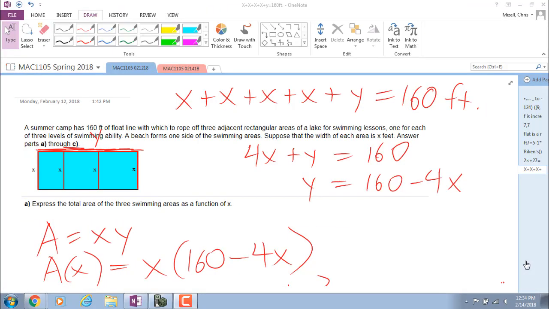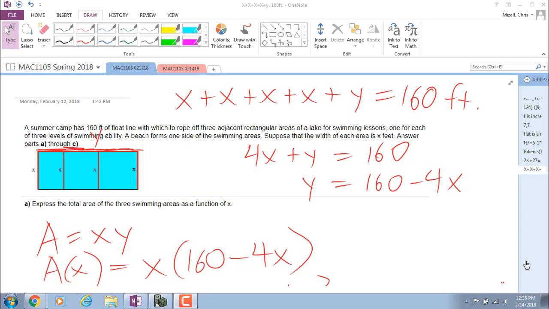So in the MyMathlab homework, we're looking at the problem where there's some rope that's going to be used to enclose three rectangular swimming areas. If we measure from the edge of the lake, the shore, out as far as we're going to go, that's a length of x feet.